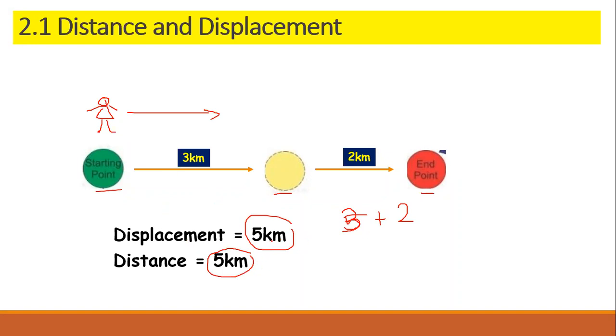But here, there's some mistake with these answers. Can you find what is the mistake here? In displacement or distance, there's a mistake, the way we are telling it. Can you identify? Both are mentioned as 5, but there's a mistake.